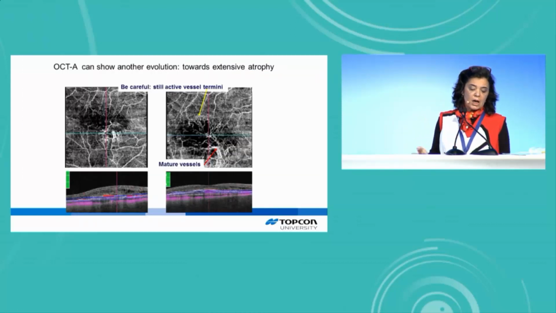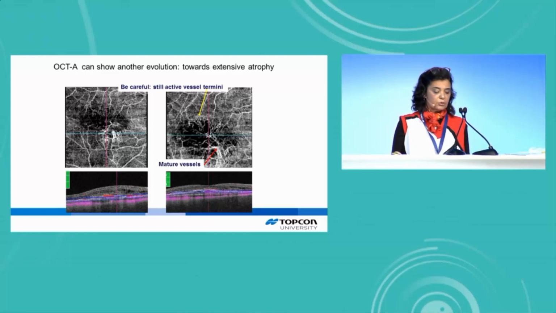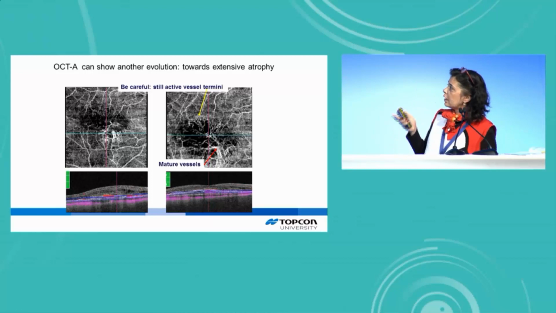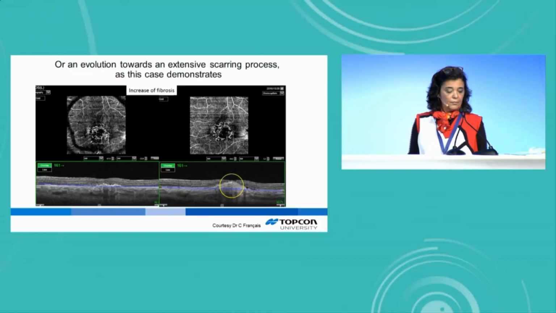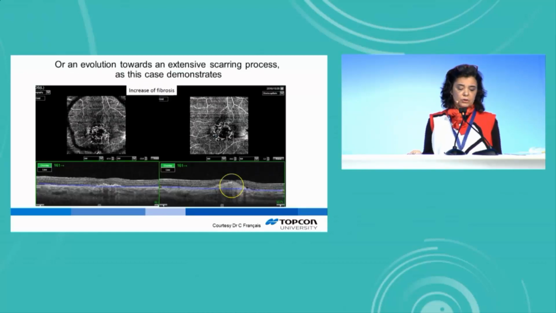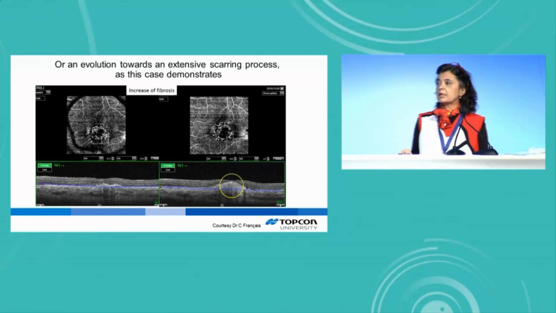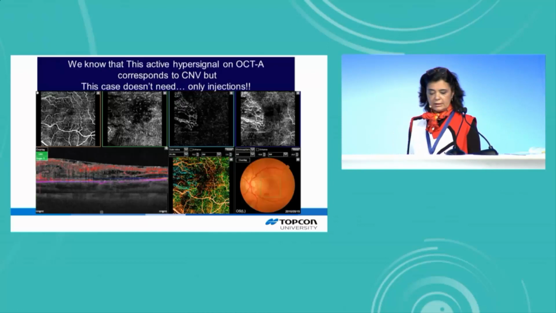OCT-A can show another evolution, here toward an extensive atrophy. We have mature vessels, but be careful, we also have partial active vessel termini. Or an evolution towards an extensive scarring process, as this case demonstrates with increase of fibrosis.